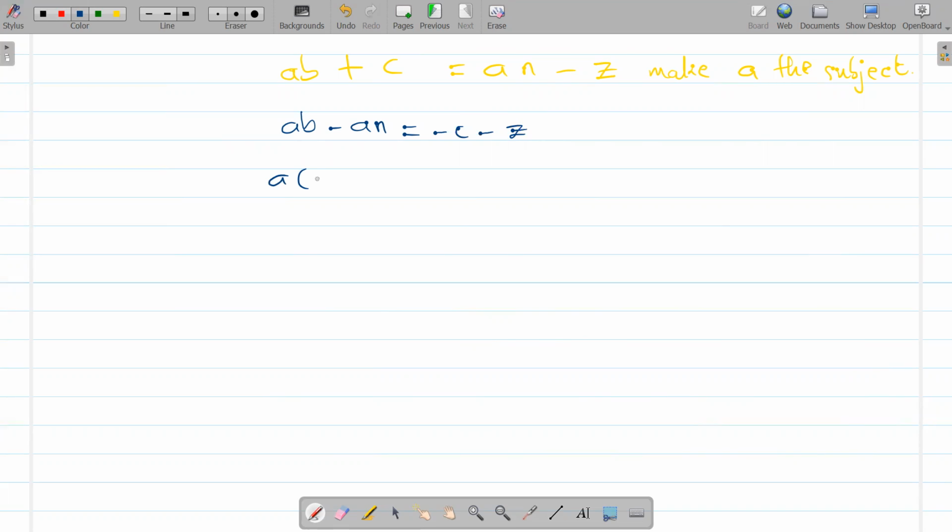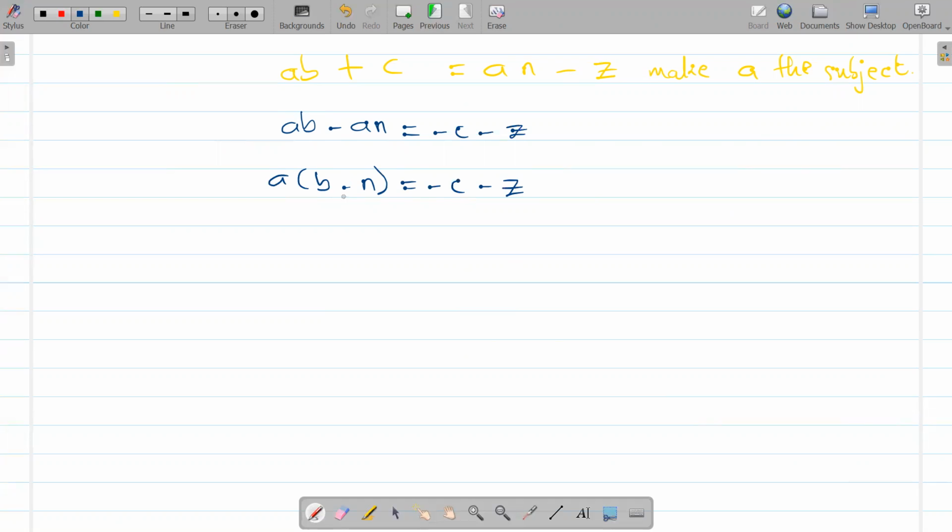Where did you get the plus from? Because if A comes out, A is common to both sides, right? So A comes out, then we have B minus N. So this is how it should be for factorization. I think I got the step right.